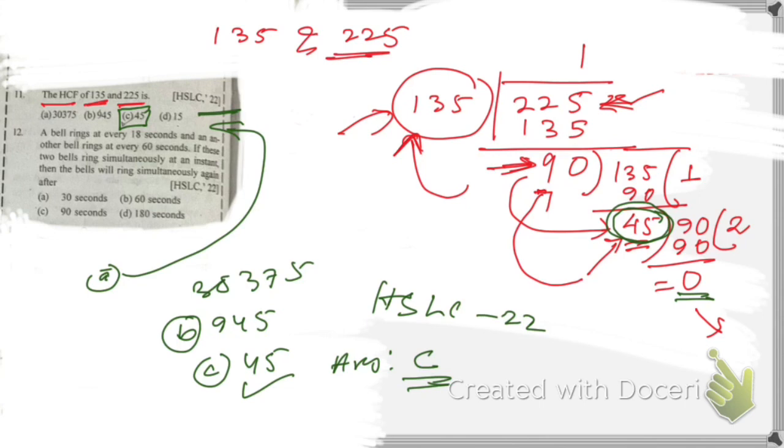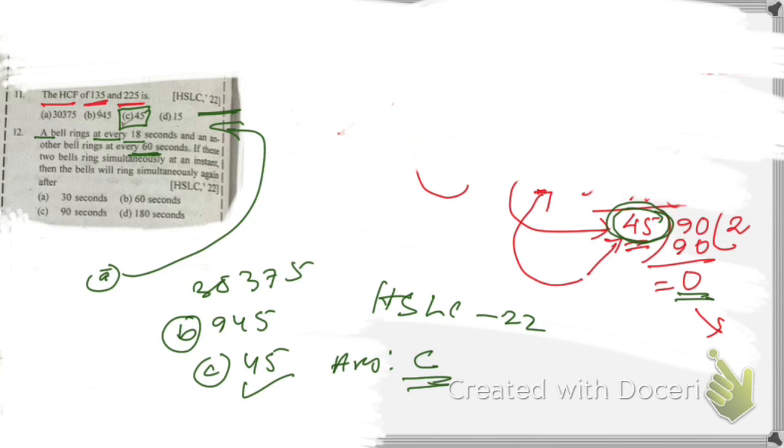Now the next one. Here you can see a bell rings at every 18 seconds and another bell rings at every 60 seconds. Let me clean this first. So here you see the first bell rings after every 18 seconds and the next bell rings after every 60 seconds.